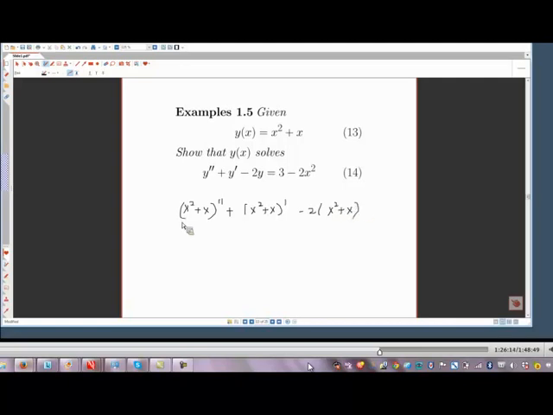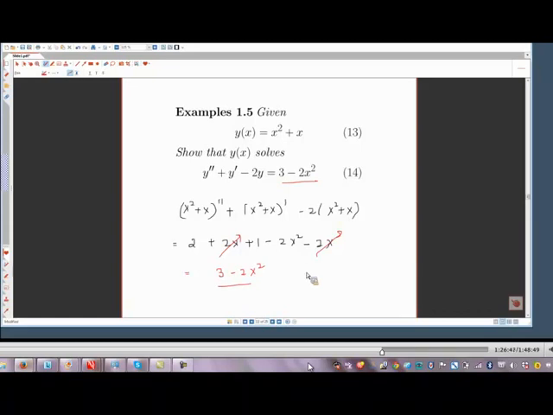When you do this, you get 2x plus 1 as the derivative here, minus 2x squared minus 2x. This cancels out 2x with 2x, and it leaves you 3 minus 2x squared, which is right here. So yes, this is a solution.